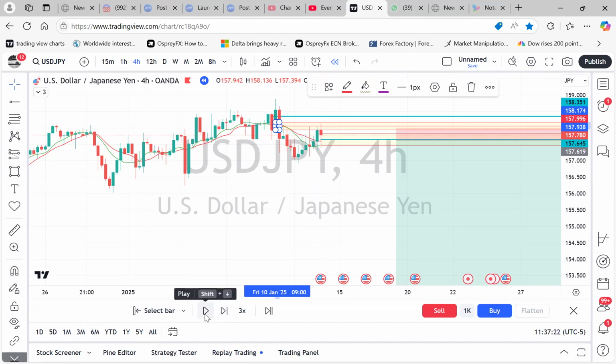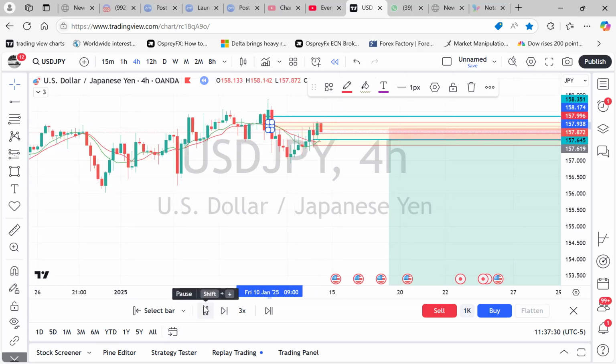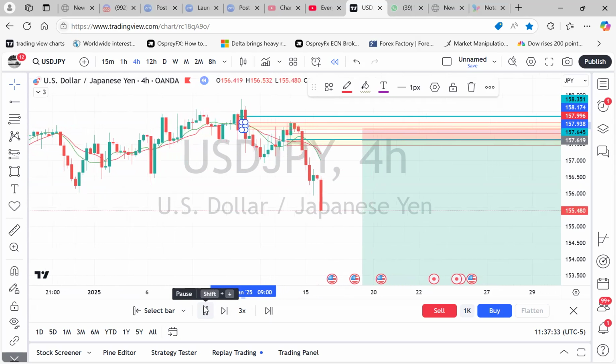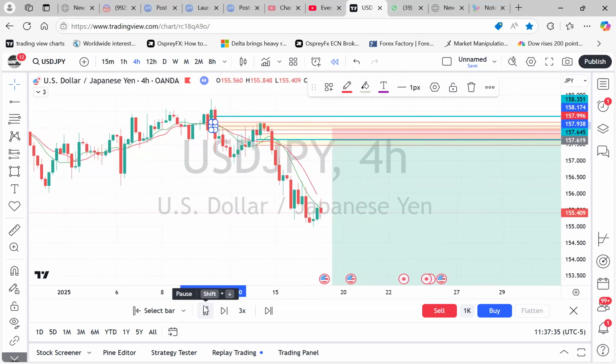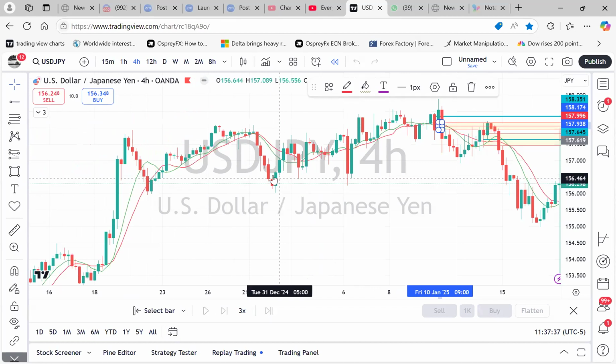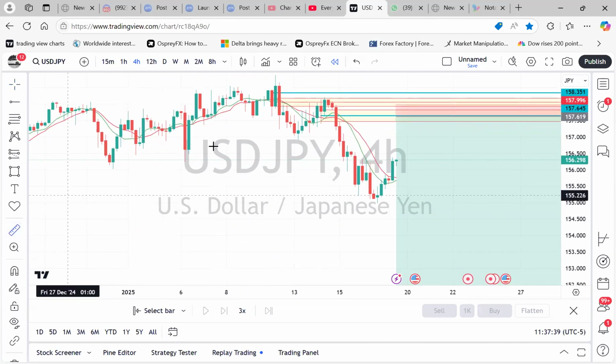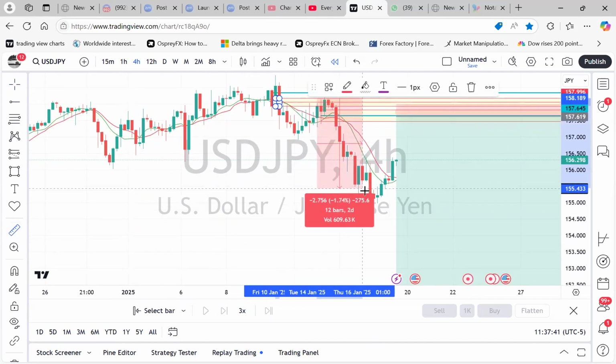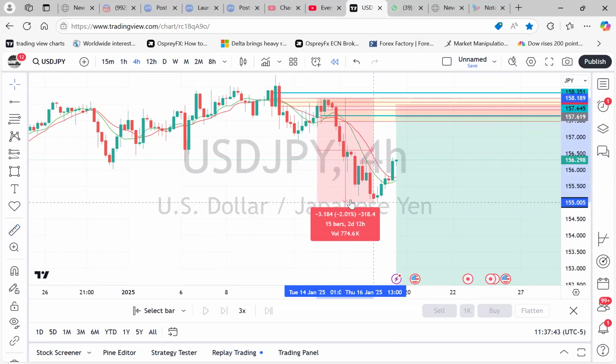So if you had taken this trade, or if you had waited on this trade, or if you had set a limit order, you would have been tapped into this trade at this point. Not me. I didn't get in the trade. And then this trade takes off and shoots the heck out, right? So if you're trading the little 100 pip joint, you got 318 of them joints.